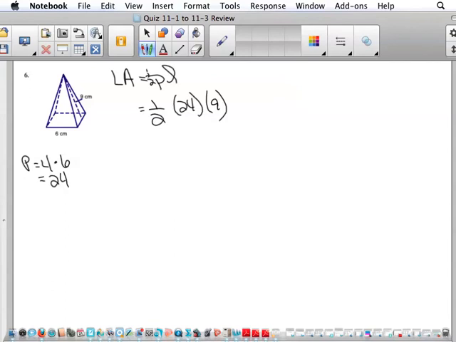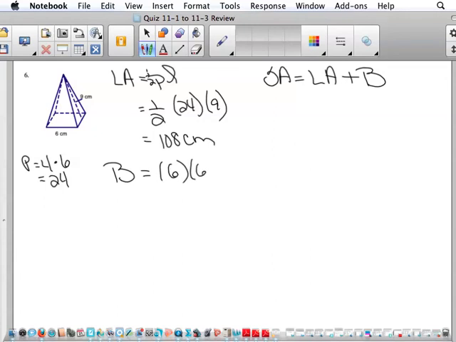It's going to give me a lateral area of 108 centimeters. Now I have to find the area of the base, because the total surface area is the lateral area plus the area of a base. So the area of the base is 6 times 6, because it's the side squared, which is 36 meters.